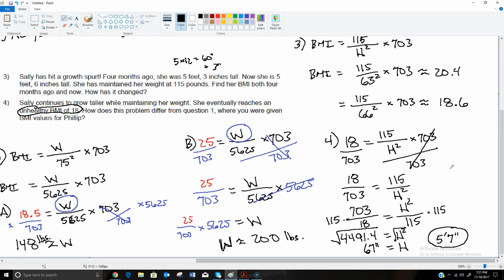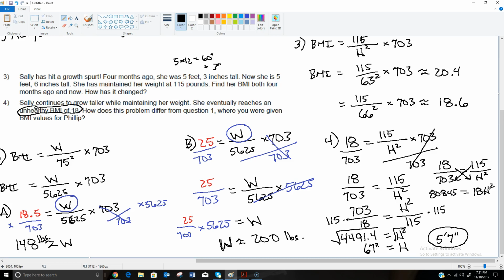There is another way you can do this, and I'm going to back up and just kind of redo it. So I'm going to start from this step. If you don't like flipping the equation over, you could also do this process. Since these are equivalent fractions, you could also do cross multiplication, and you could write 18h squared equals 115 times 703, which is 80,845.